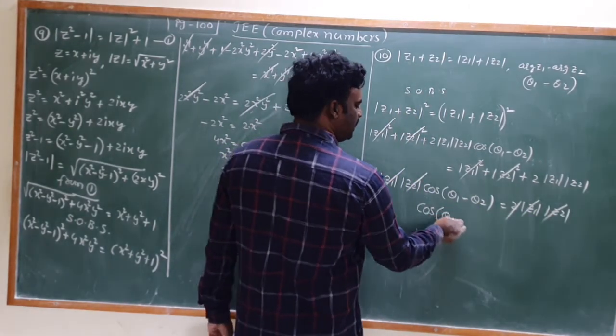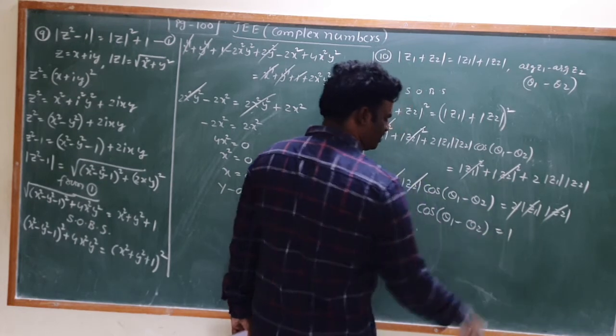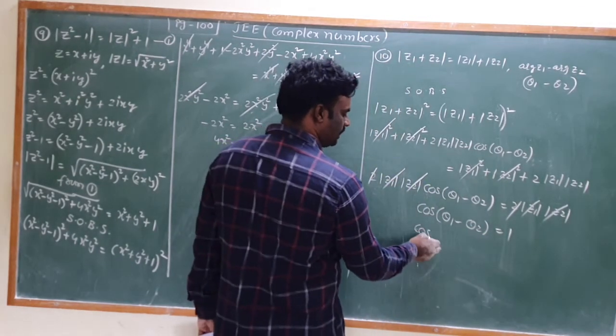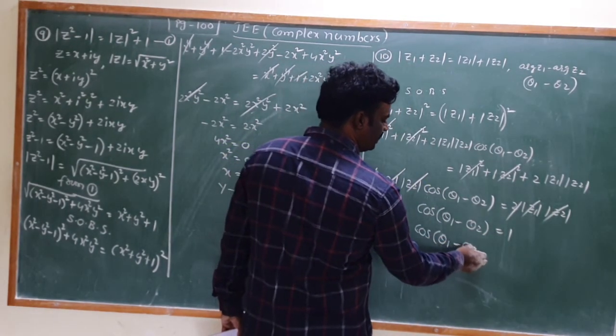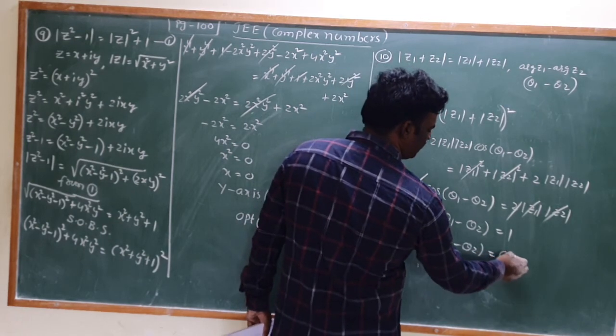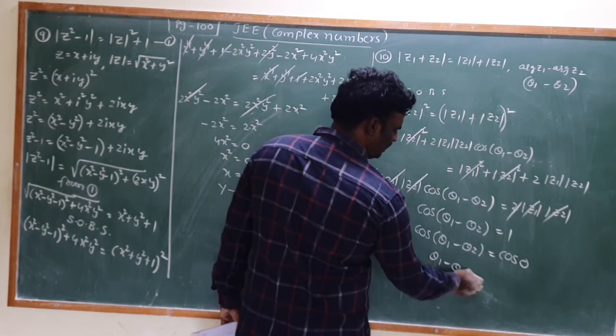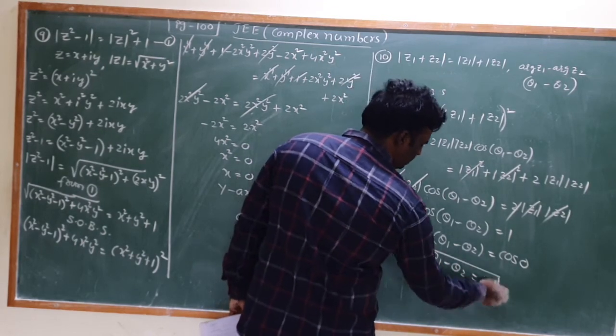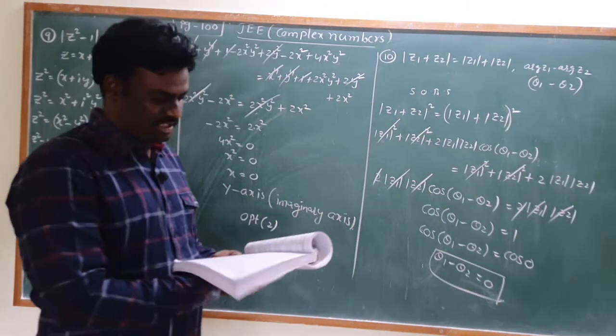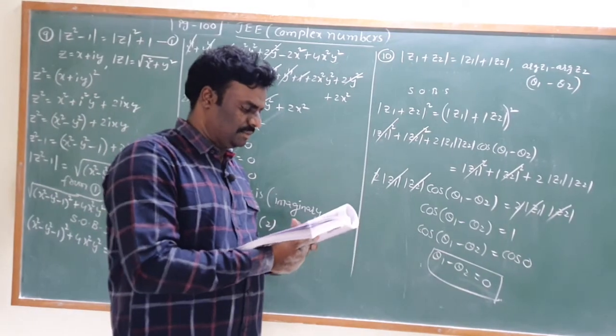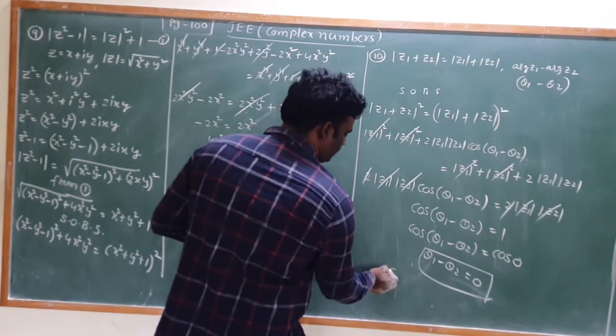Cos of theta 1 minus theta 2 equals 1. Then cos of theta 1 minus theta 2 equals cos 0. Then theta 1 minus theta 2 is equal to 0. That is the answer for this question, option 3.